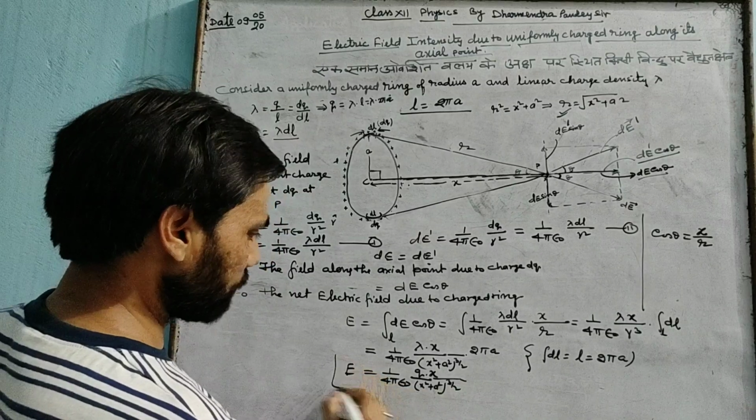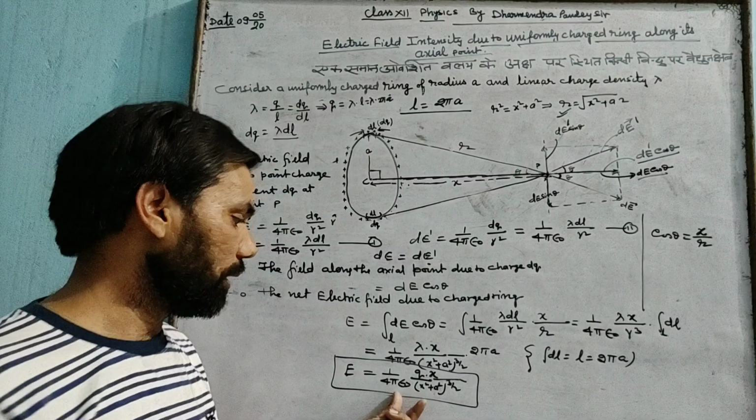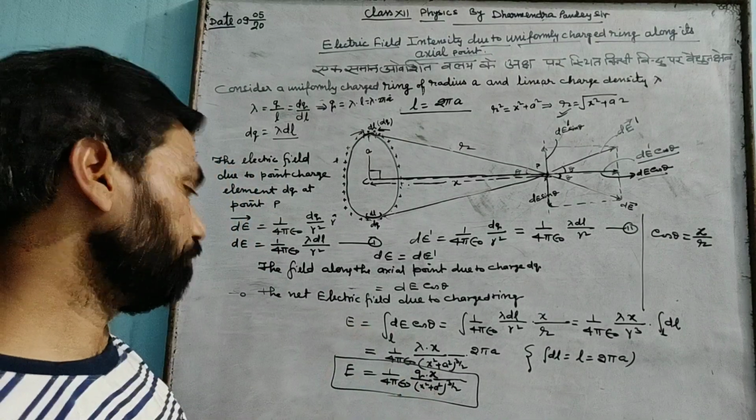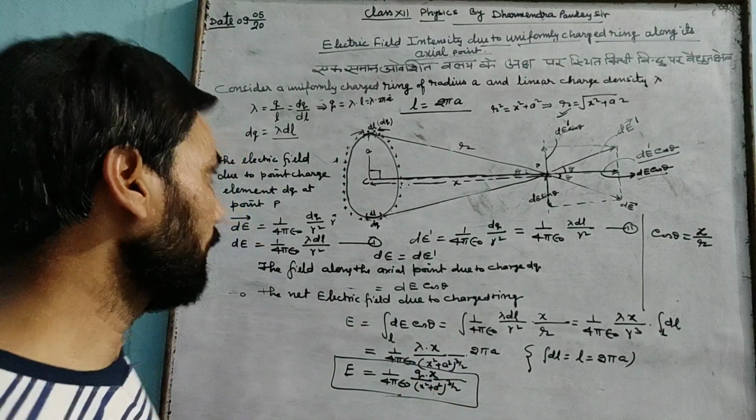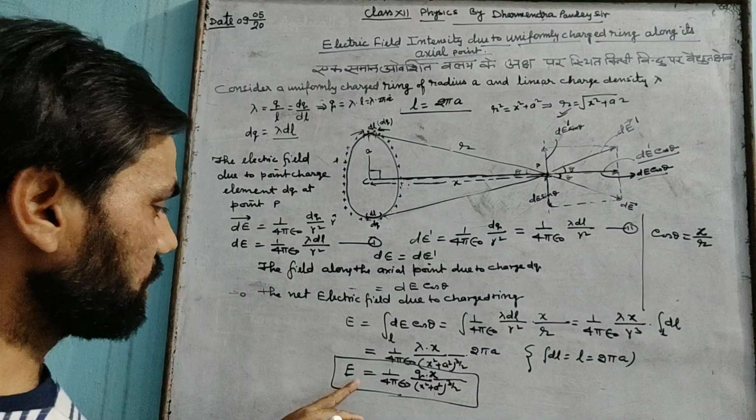So this is the electric field intensity due to a uniformly charged ring along its axial point.